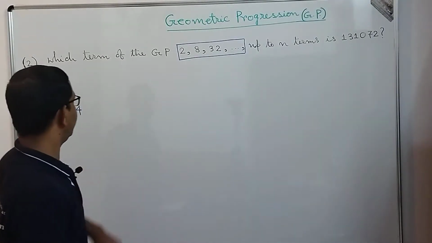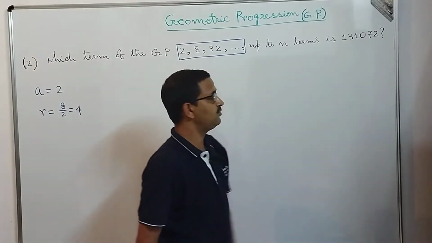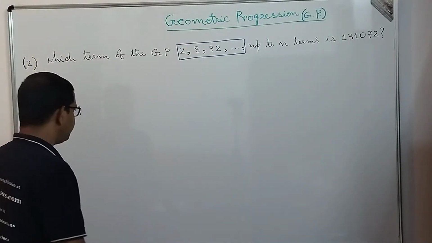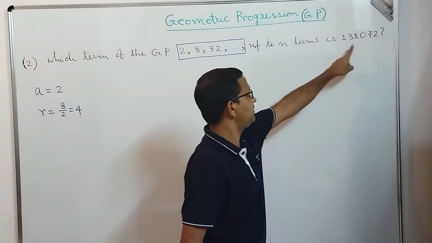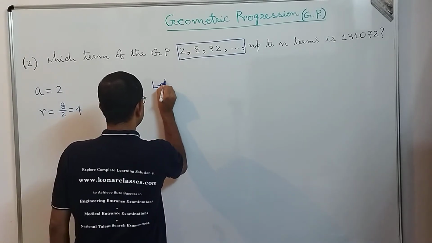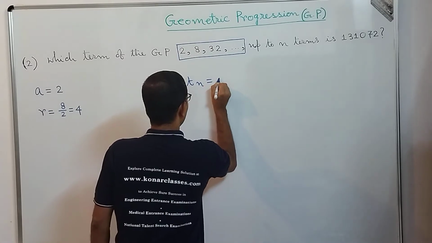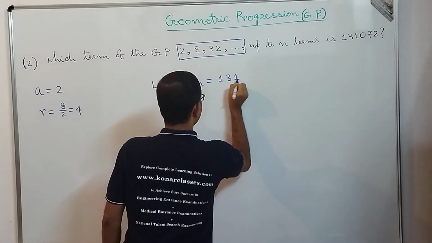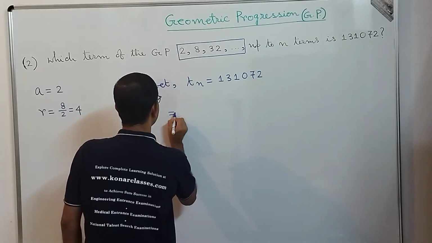Now the question is which term of this GP up to n terms is 131,072. That means let's assume the nth term is 131,072. Let that nth term Tn be equal to 131,072.